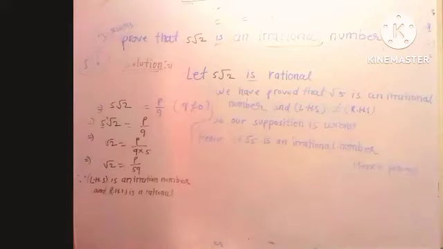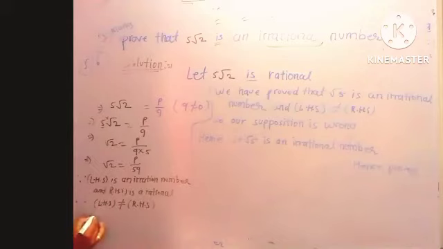This step is clear. So what's the meaning of this? So left hand side is equal to or not equal to right hand side? Left hand side is not equal to right hand side. That means our supposition was right or wrong? Wrong.